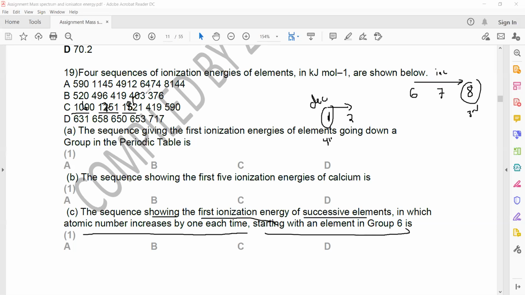But when it moved to the fourth one, the value is decreasing. Why is the fourth value decreasing? It means it is a group 1 element. So ionization energy increases across the period, but as the period changes, the ionization energy decreases because, with successive atomic number, the ionization energy will be smaller. Is it clear now?